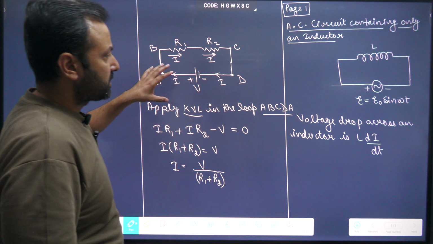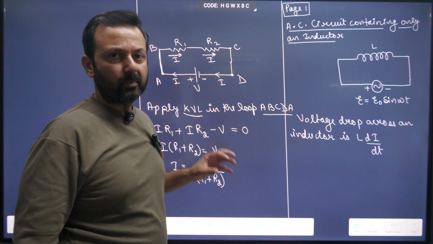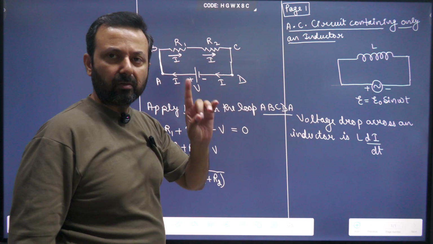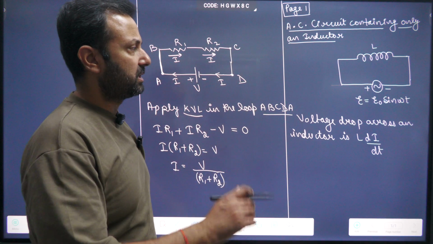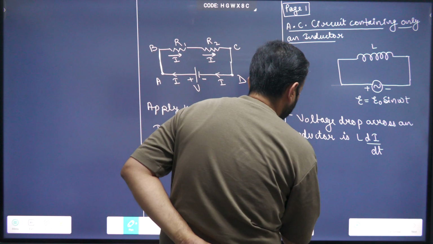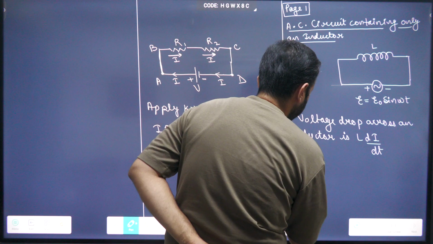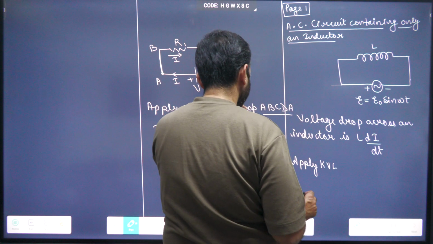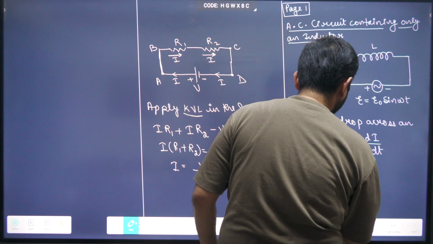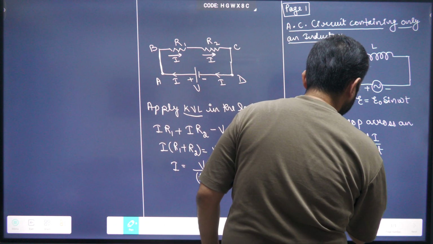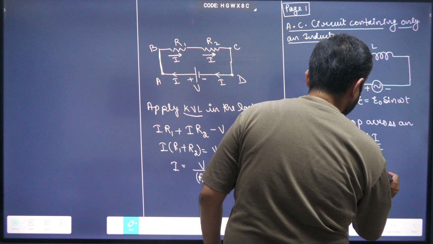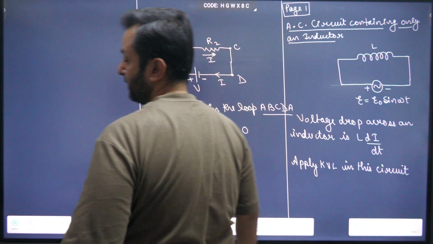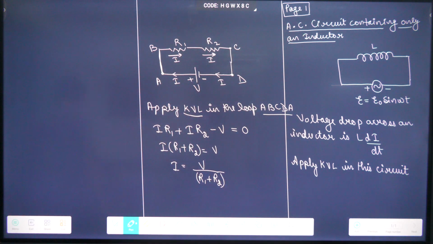Now, so this was KVL. Now I'm going to apply this KVL in this small circuit. So in this circuit we have only one component, and that component is an inductor. So now I am going to write here: apply KVL, meaning Kirchhoff's voltage law, in this circuit.